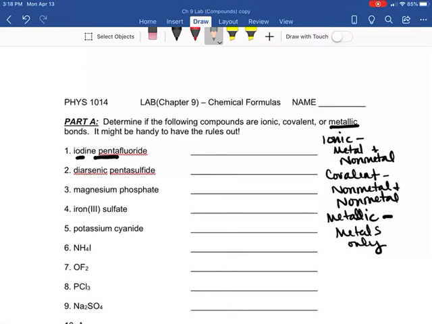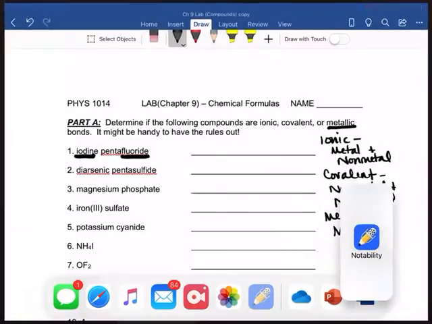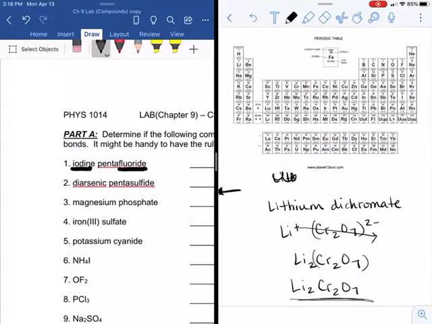That's a really good clue that you're talking about a covalent. Now, even if you wouldn't notice that prefix, see how this is iodine and then you've got fluorine right here? If you look at the periodic table, iodine and fluorine are both on the right side of the periodic table.